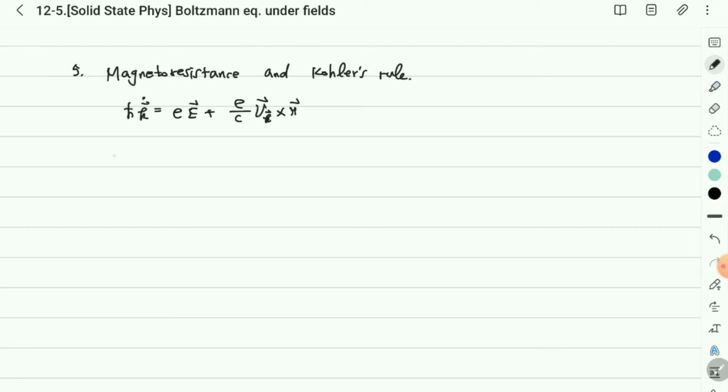In this case, for the Boltzmann distribution function, the diffusion term of the Boltzmann equation is minus v dot partial f_k over partial r.